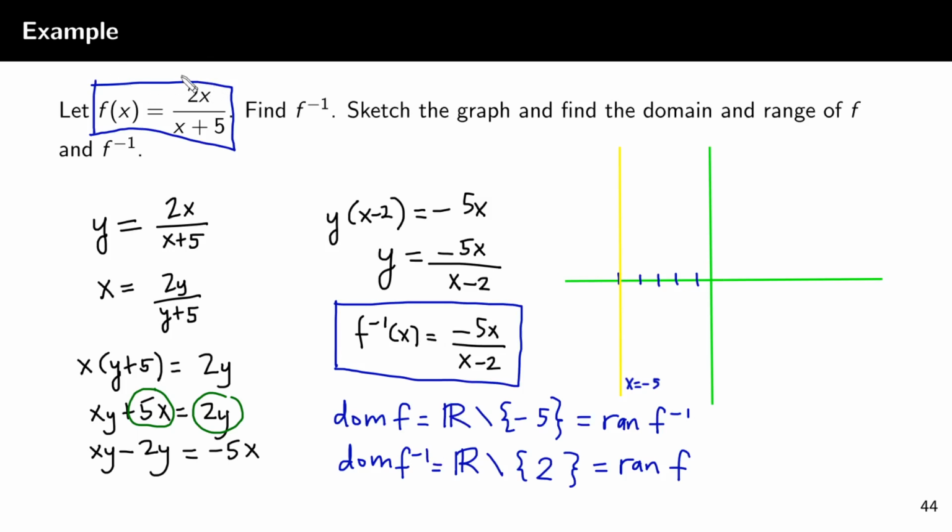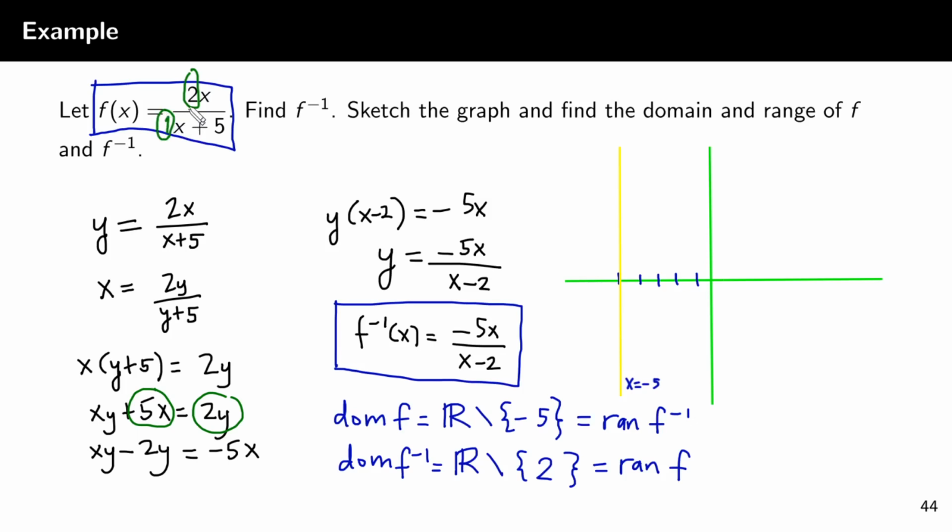Kapag pareho ng degree yung numerator tsaka yung denominator natin, such as in this case, parehong degree 1, kapag kinuha natin yung leading coefficients nila, so yung leading coefficient ng numerator ay 2, yung leading coefficient ng denominator ay 1.